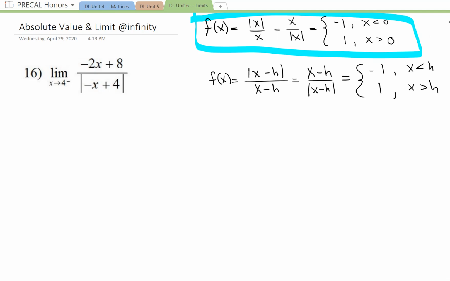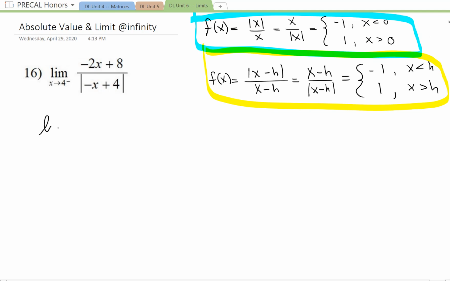For this example, we will first simplify and then use these properties. Let's factor out a -2 from the numerator. And also, I don't like this negative in front of my x. I want it to just be x. So I'm going to factor out a -1 from the denominator. It's all still in the absolute value for now.